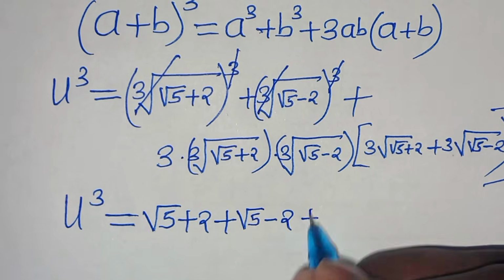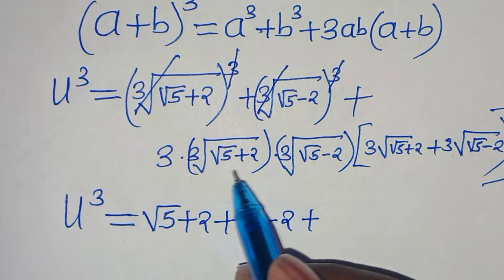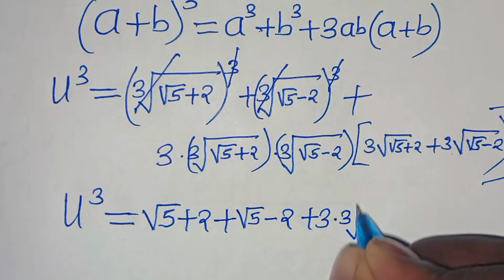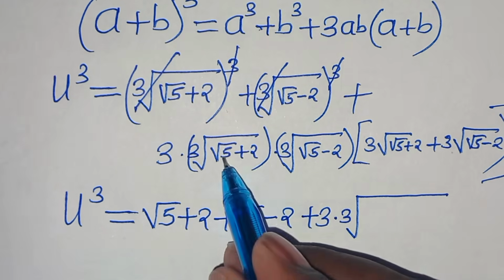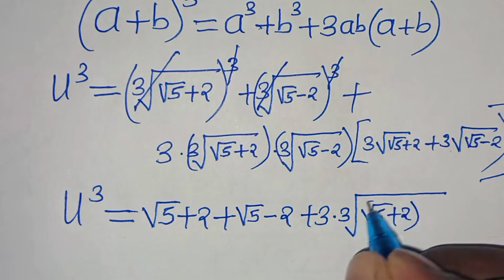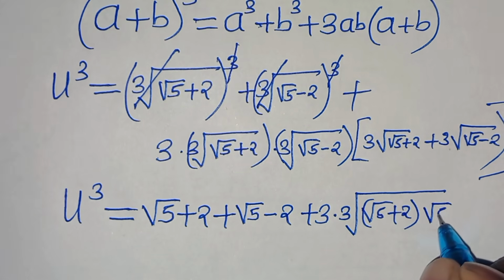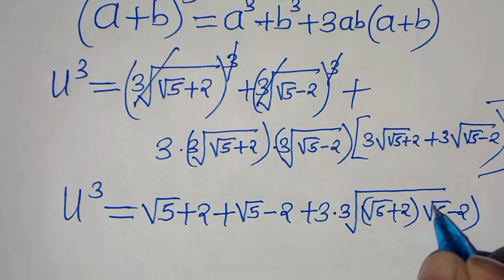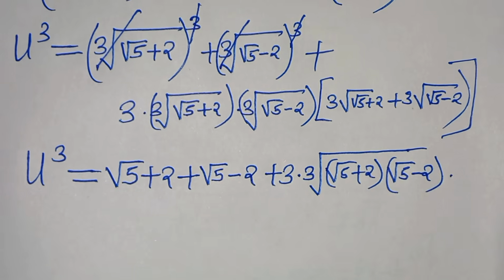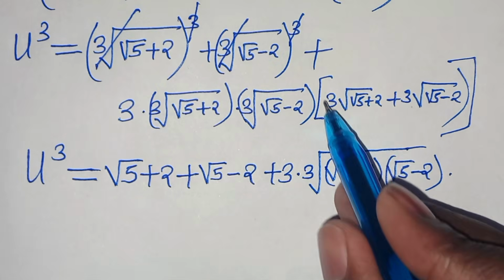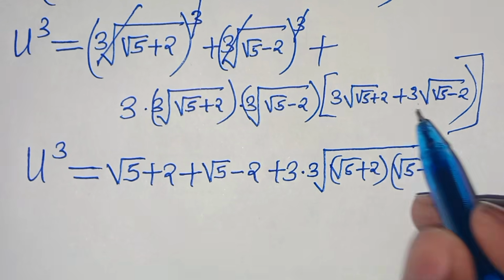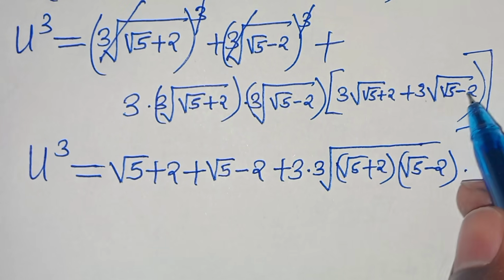Then we have plus 3 times the cube root of, combining, square root of 5 plus 2 multiplied by square root of 5 minus 2, then multiplied by the cube root of root 5 plus 2 plus the cube root of root 5 minus 2.